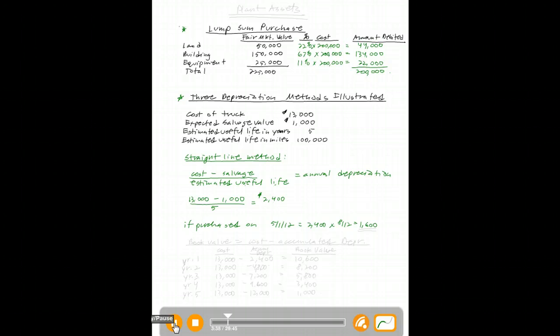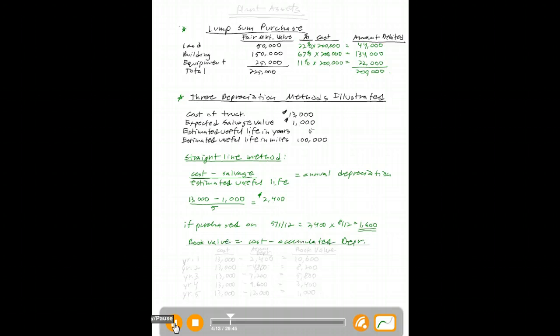We would take the $2,400 times 8/12, and the depreciation for that year would be $1,600. And then in 2013, we would have had it for the entire year, so it would be $2,400. Which means that in the very last year, the 5th year, or basically the sixth calendar year, you would have to pick up that extra $800, which is 4 months worth of depreciation.